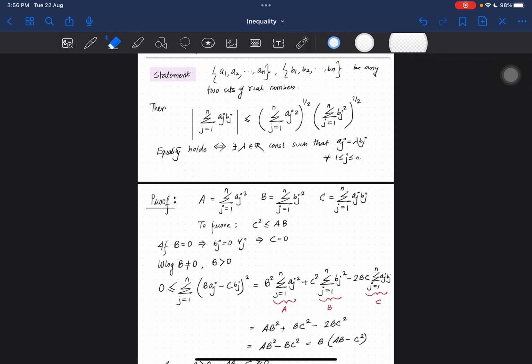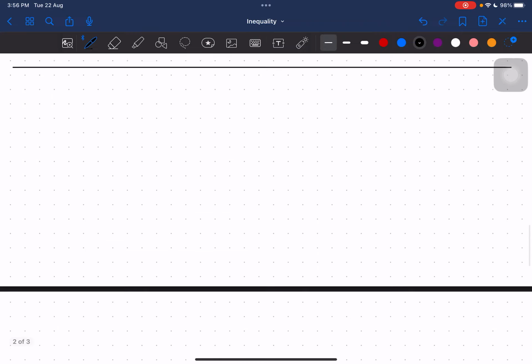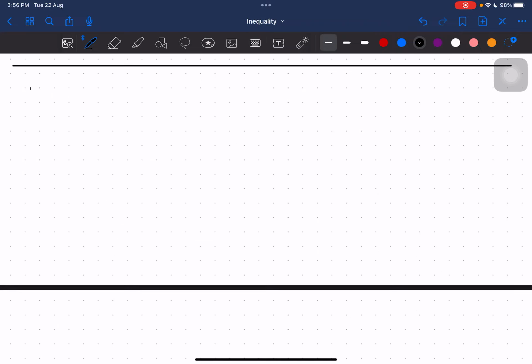Right. So once you have done this, let us see one application. This is a nice example. Suppose you have three positive real numbers.